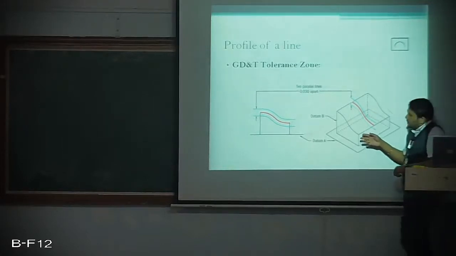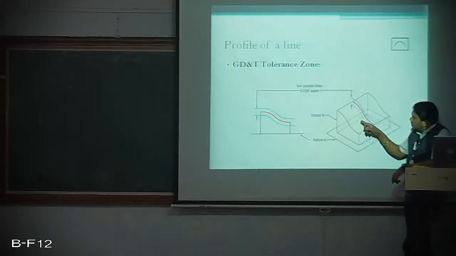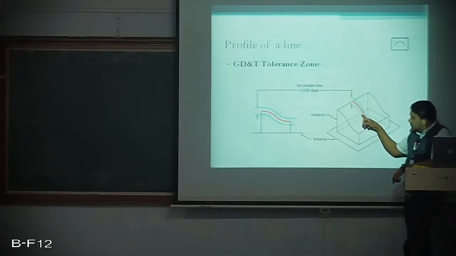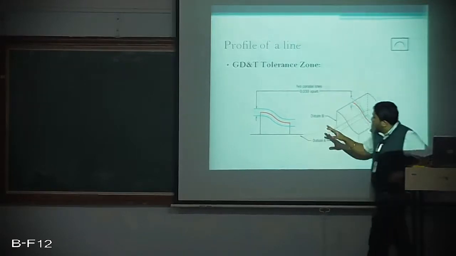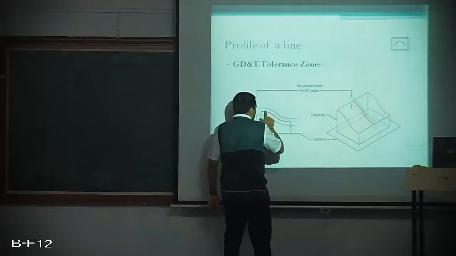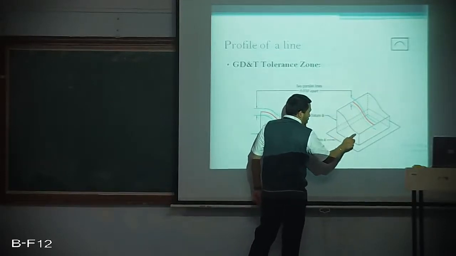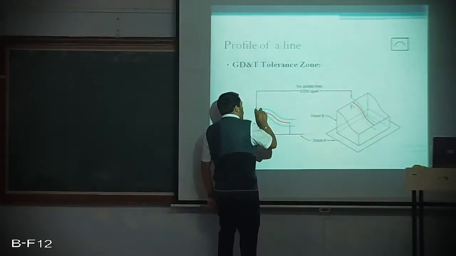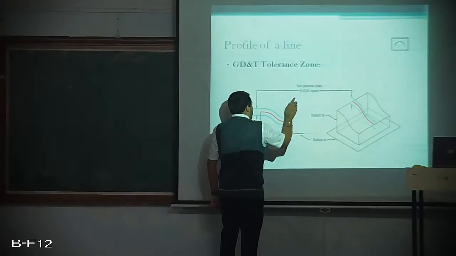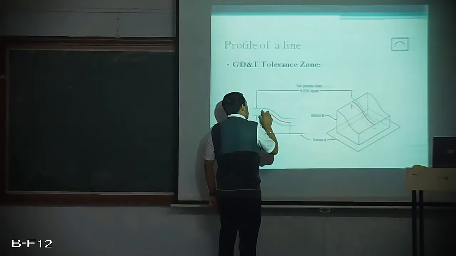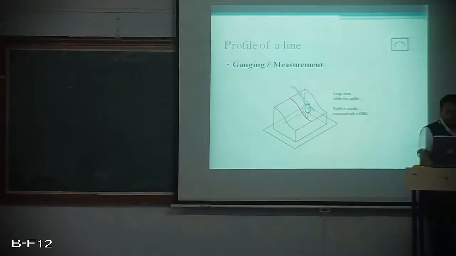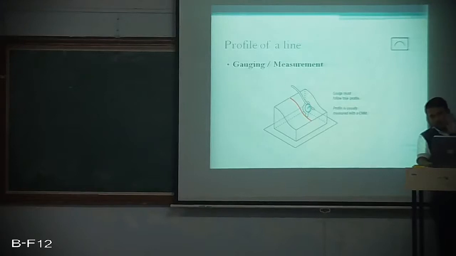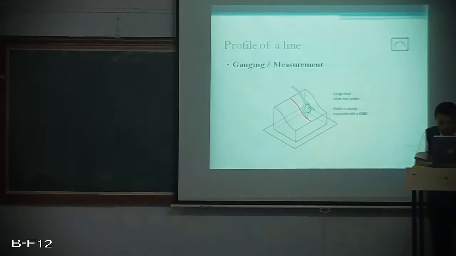This profile I need to maintain within a tolerance zone of 0.030. Again it is measured by moving the gauge on the surface. If the variation is well within that, then it is accepted, or else it is rejected.